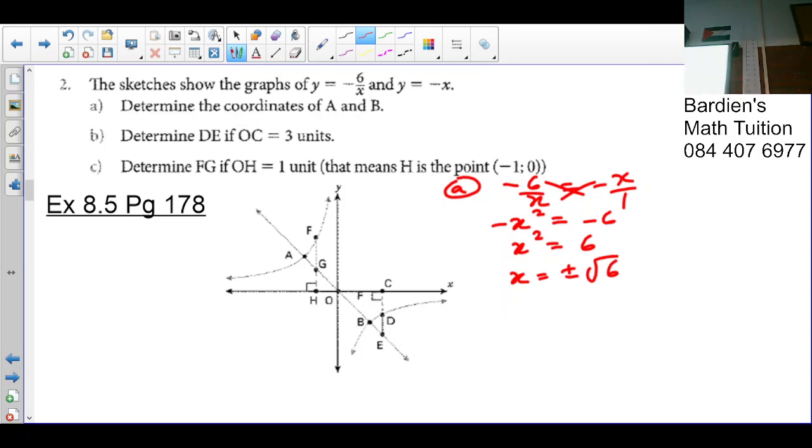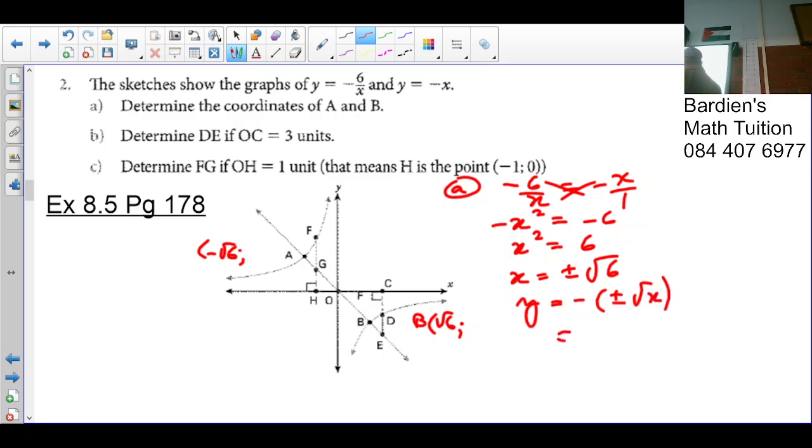So which one is which? Is A going to be the negative or the positive root 6? It has to be the negative, because as you can see, it's the negative part of your x-axis. Then of course B would be positive root 6. Now to calculate the corresponding y value, you substitute that into either the straight line or the hyperbola.